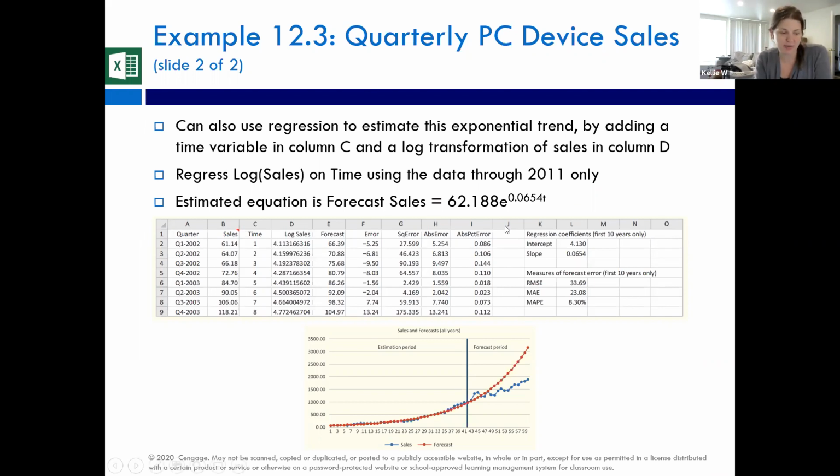The forecast sales equals 62.188 e to the 0.0654 t, and then that's how they got this graph. So the estimation period is right here where they fit the data to, and then this is the forecast. You can see as time goes on, though, that it's not such a great fit anymore. The exponential forecast is a little too aggressive.